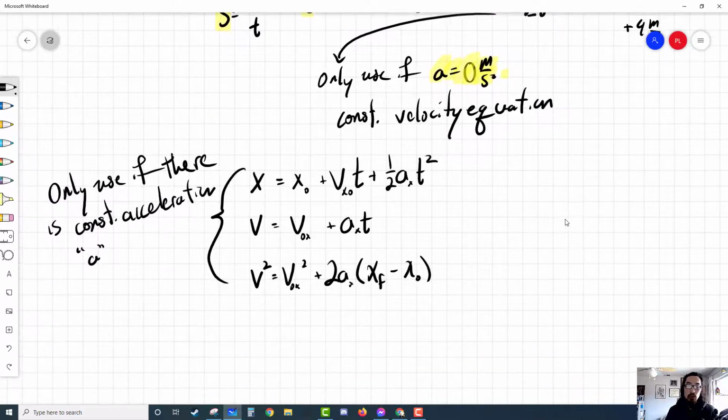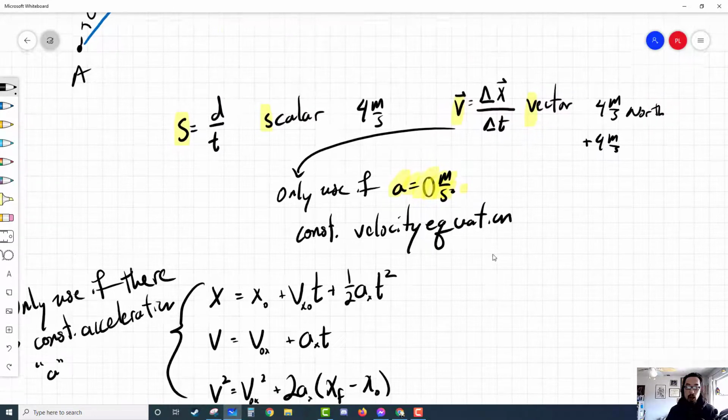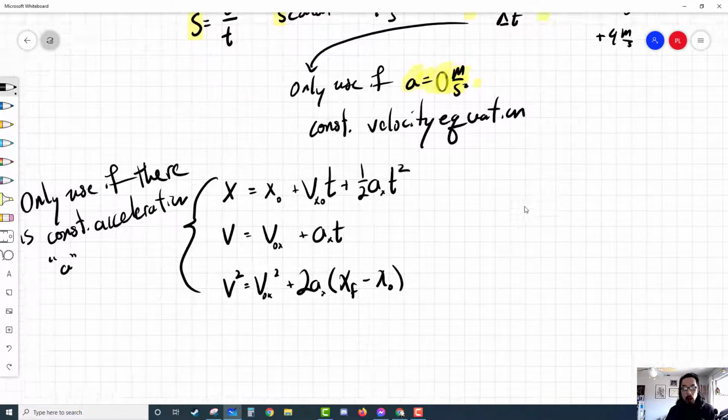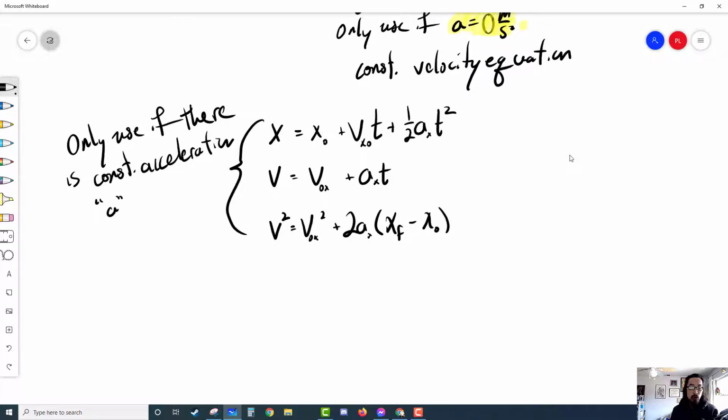We can use these 3 equations for any problem, even if the acceleration is 0. If the acceleration is 0, mathematically you'll end up with the equation that we discussed up here. But these 3 equations are used because we have an acceleration. That's a big idea behind these 3.